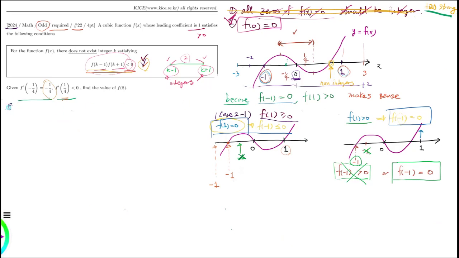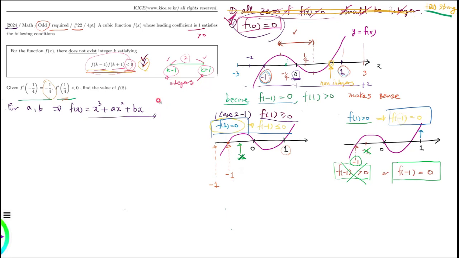For the constant real value a and b, you can put the cubic polynomial whose leading coefficient is 1 as x cubed plus ax squared plus bx. And since this constant term is 0, I just ignore the constant term.